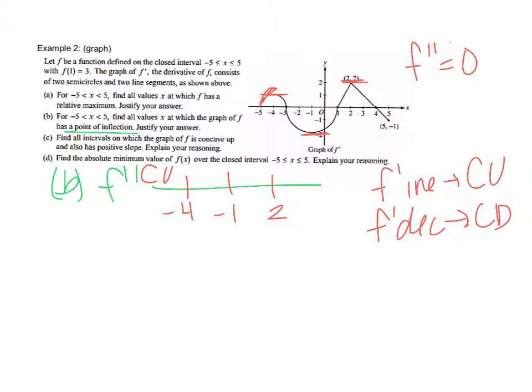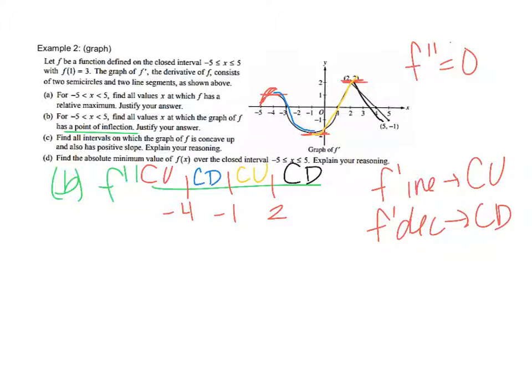Between -4 and -1, that is decreasing, so that's concave down. Between -1 and 2, that's increasing, so that's concave up. And between 2 and 5, my endpoint there, that's concave down because f prime is decreasing.